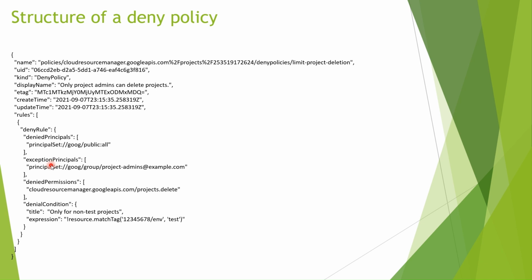Exception means if you want that someone can still access this permission, like you have a user who is very important and only he can access this resource, we can add him to the exception principals. After that, the denied permission. The permission is project delete, so no one can delete the project. And conditions we can add, like this is only for non-test projects, so no one can remove projects like your production projects.